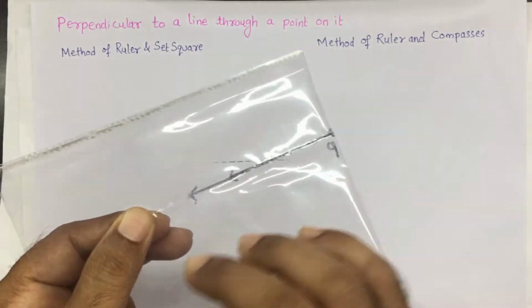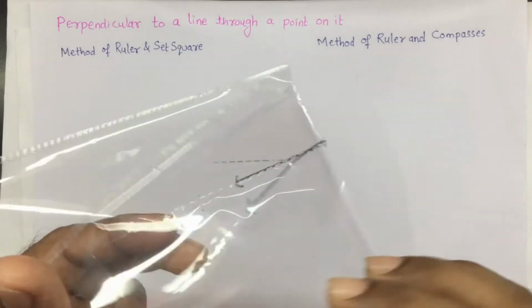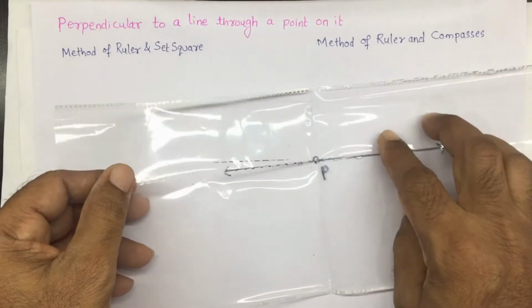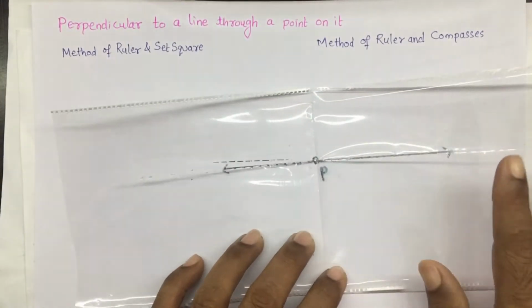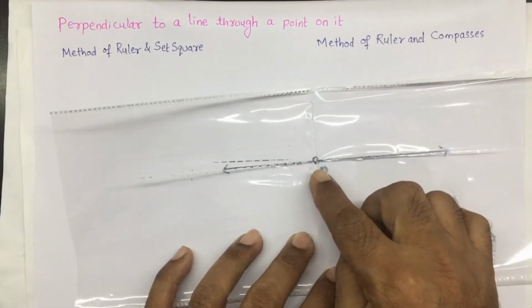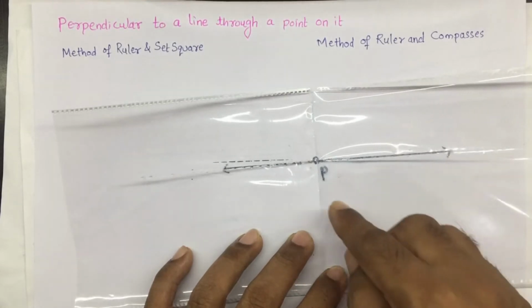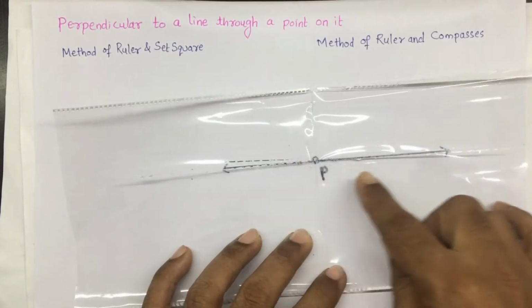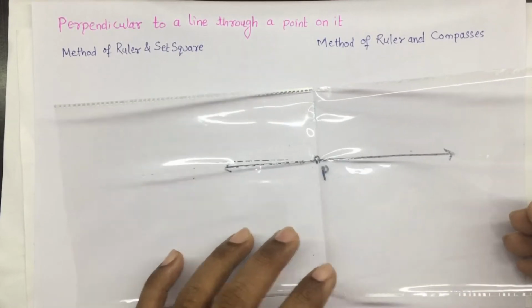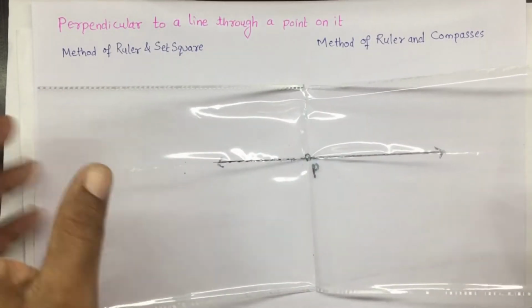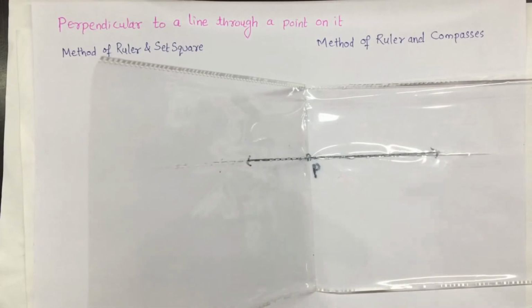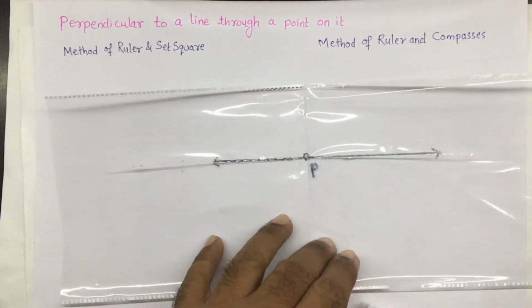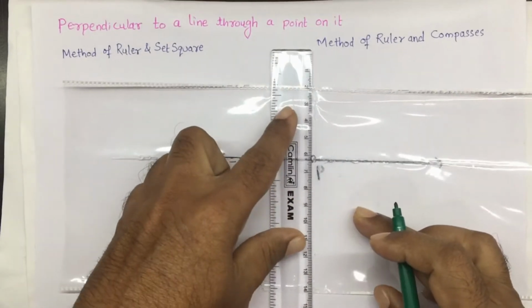That crease is the perpendicular to the line at that point. The point is on the line. So this way you can fold and make a line which is perpendicular to a given line.